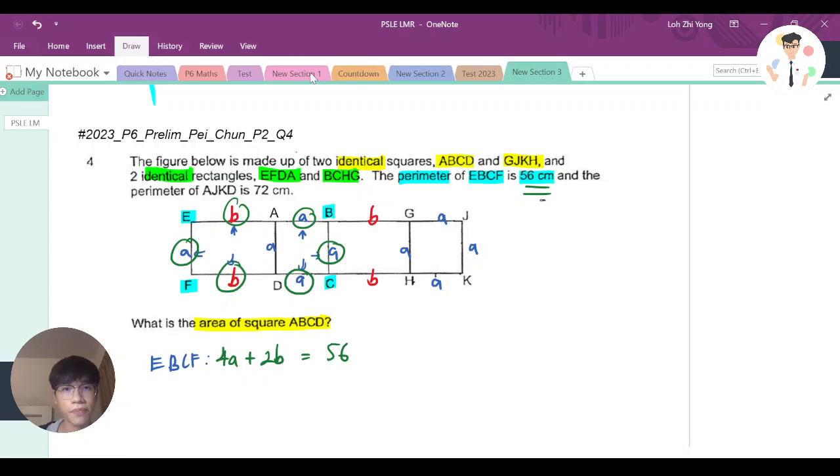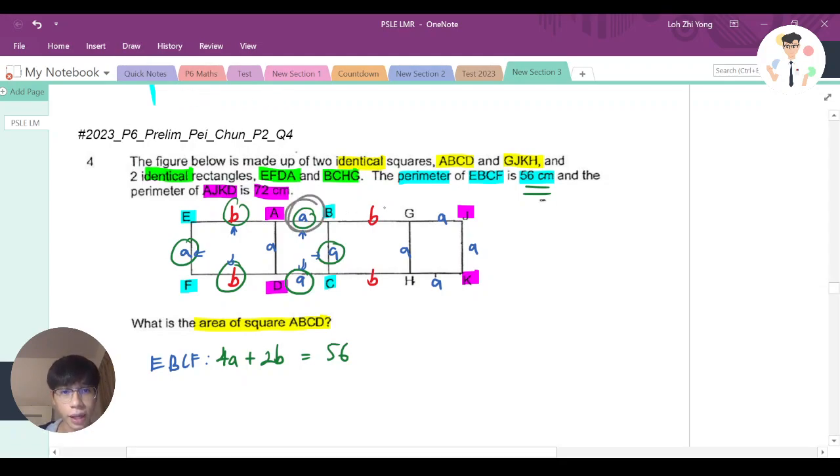Now the next part. The perimeter of AJKD is 72 cm. AJKD, wow, is up to here. So what is included here?